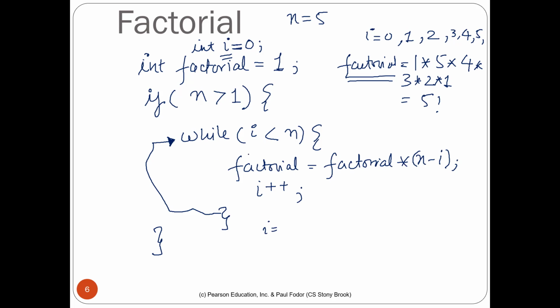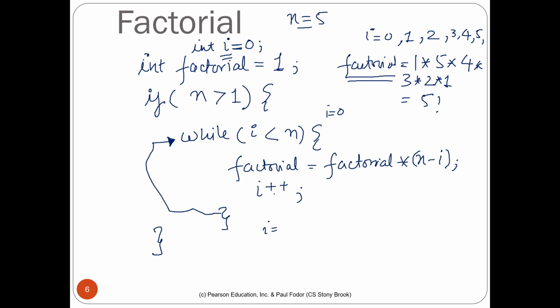And what is it that I am doing in the while loop? I am computing factorial is equal to factorial multiplied by n minus I. Initially I was 0, so factorial is equal to factorial multiplied by, if n is 5, then it will be factorial multiplied by 5, which is 1 multiplied by 5.